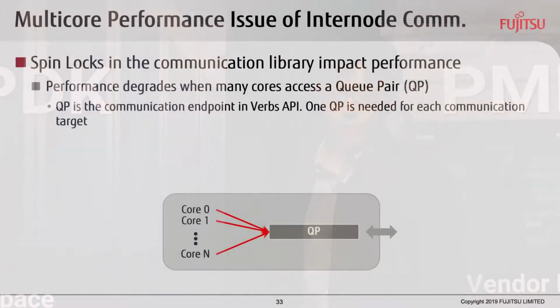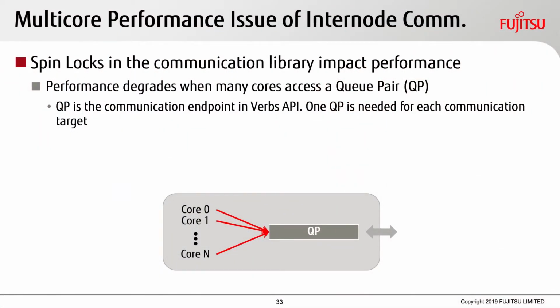For example, QPs of node 1 core 0 are connected to QPs of node 2's core 0 and node 3's core 0. A thread running over a certain core cannot post entries to work queues of a QP on a different core because it's a dedicated queue pair. Therefore, each QP receives a request from a single thread. Then we don't need an exclusive control anymore.